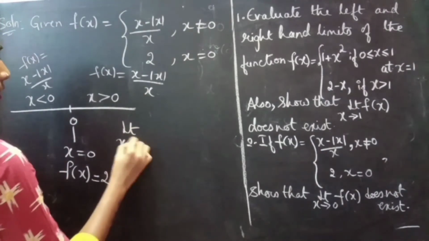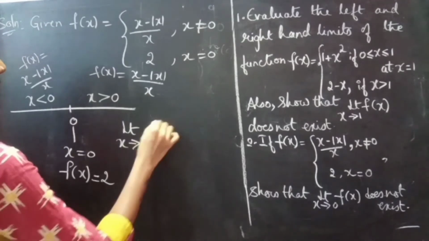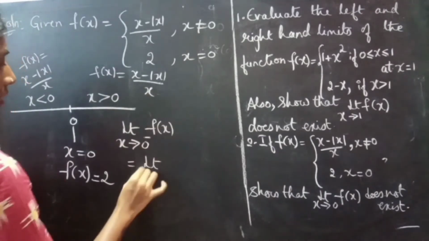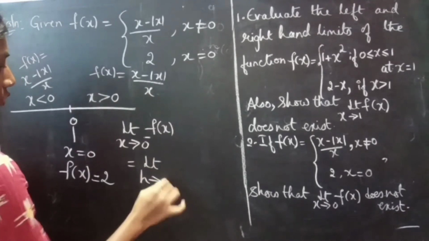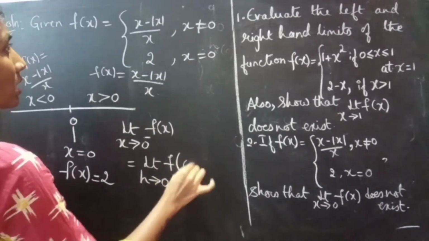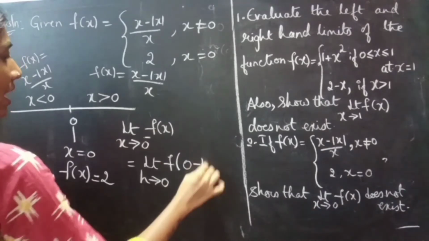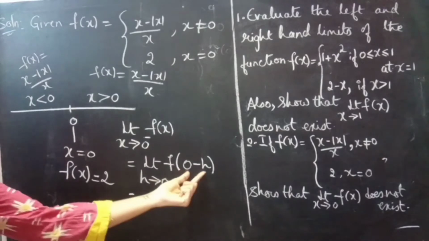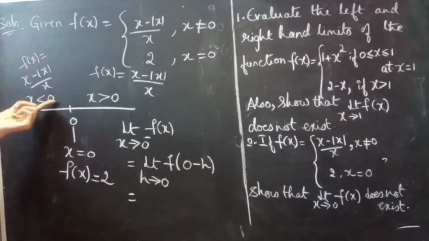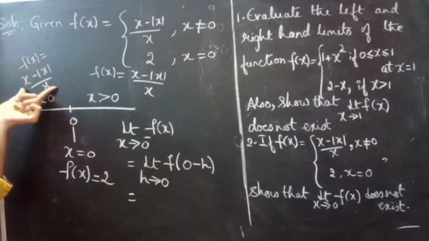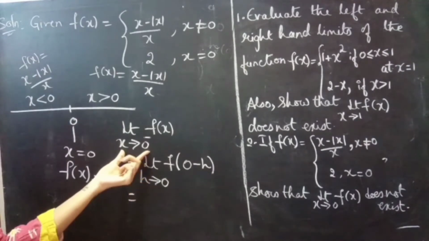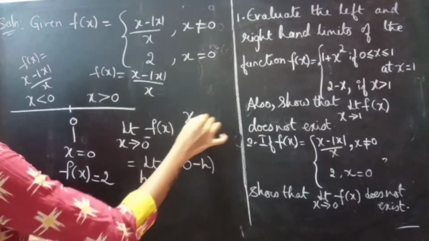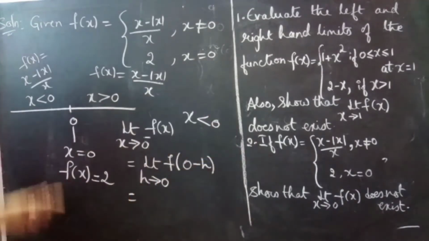Limit x tends to 0 minus f of x. So this equals limit h tends to 0 f of 0 minus h. So now replace x in this formula. When x is less than 0, since you are considering left hand limit. Since this is left hand limit, you'll consider for x less than 0.